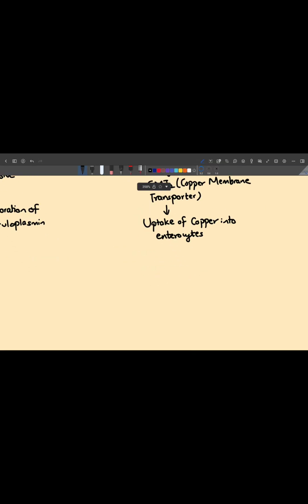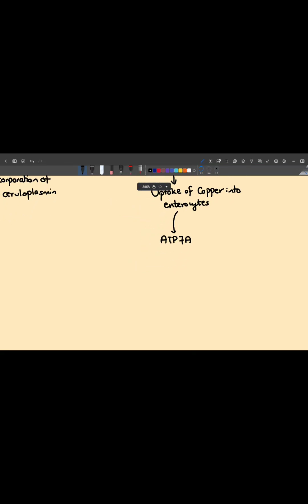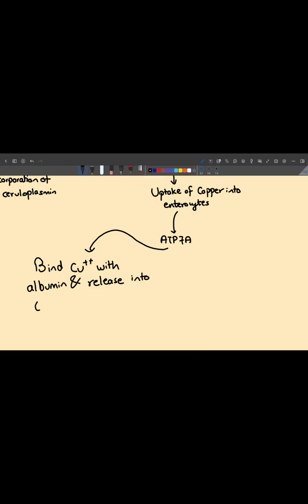Once the copper enters the enterocytes, there is a role of another protein called ATP7A. What this protein does is help bind copper with albumin and release it into circulation, I mean the blood, particularly the portal vein.